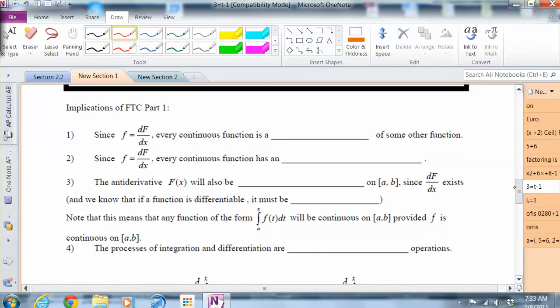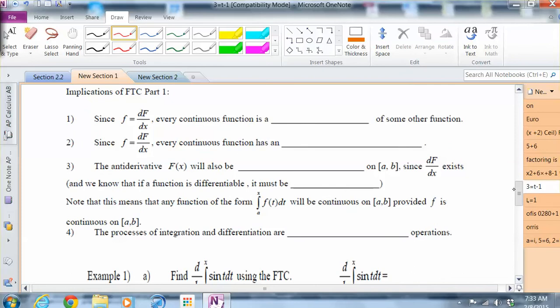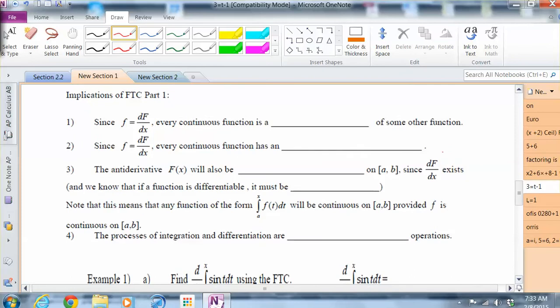There are some implications of the fundamental theorem of calculus part 1. First off, every continuous function is a derivative of some other function. Also, every continuous function has an antiderivative. And we know this because little f equals the derivative of an antiderivative.